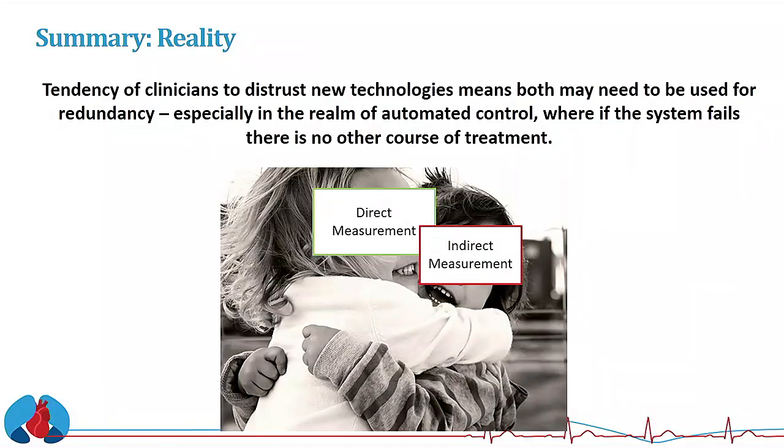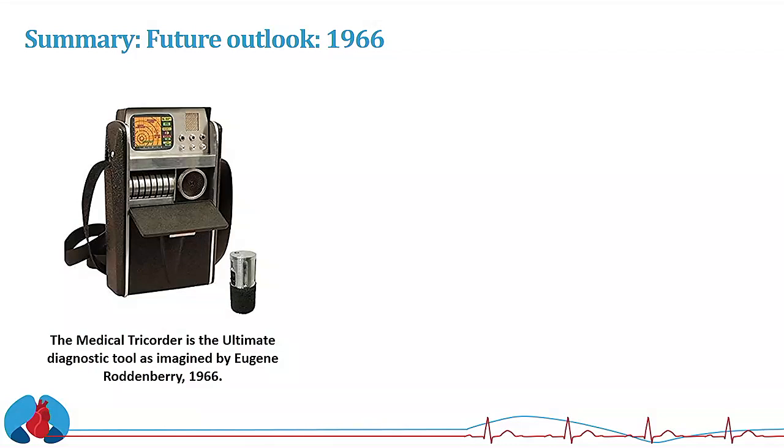Now, in this case, the sensor is so basic that it hasn't happened yet. It's a very similar technology to the CardioMEMS RF technology. But it's always good to have a little bit of redundancy, especially in automated control where a failure could be fatal. So what's the future outlook?